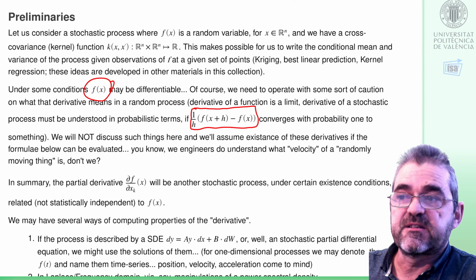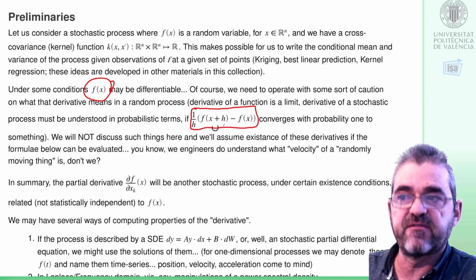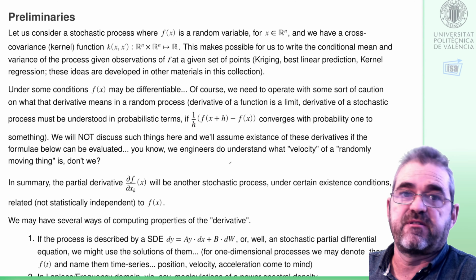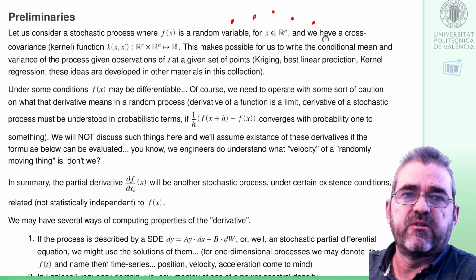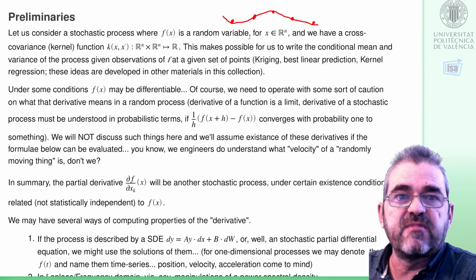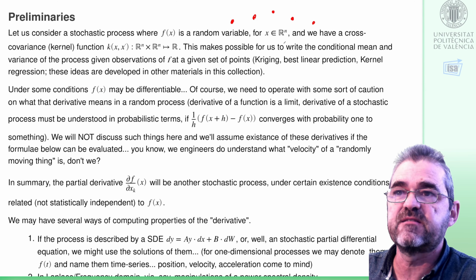Here we'll not discuss the details of the existence of the limit of this when h tends to 0, and we'll just think: if I know the position and this is a mass, this must have a velocity, and then there must be some way to compute that velocity from, let's say, physical insight.